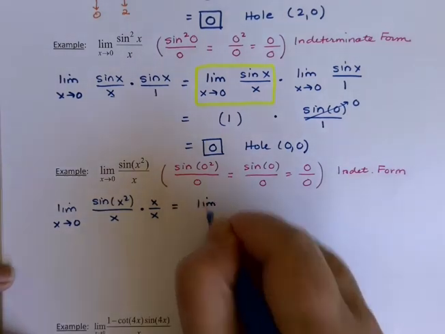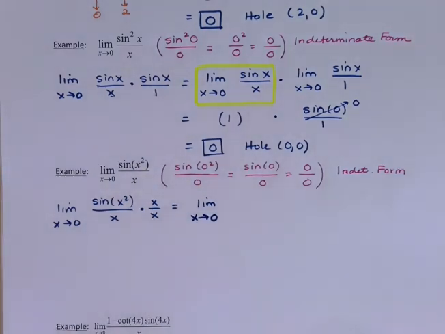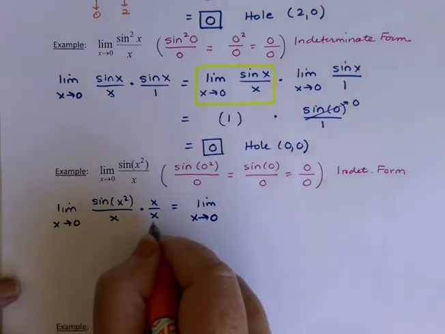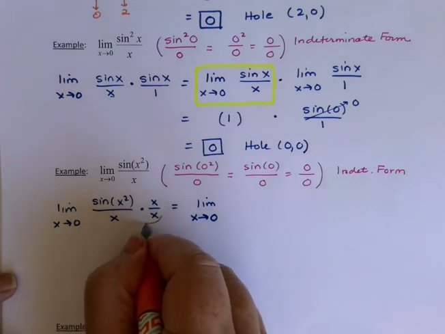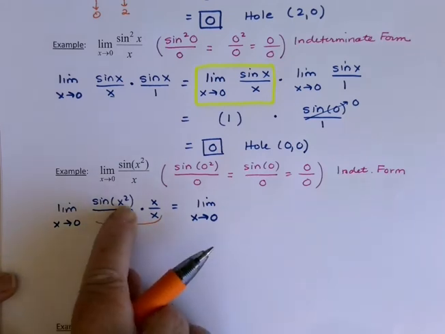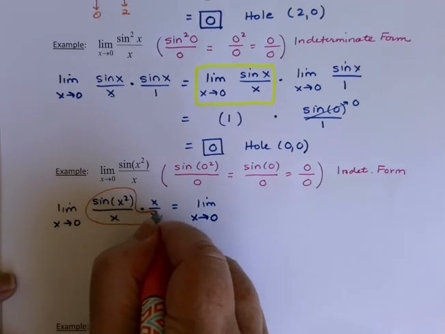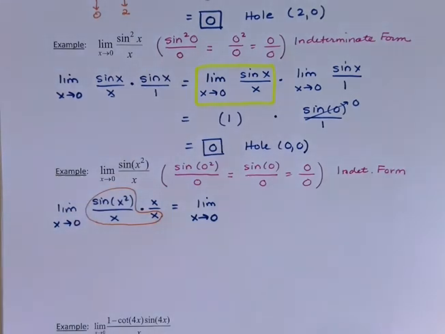And now I'm going to separate this out very strategically. I'd really like these two x's together to make an x squared, because that's going to be the match for my numerator. So I'd like this part all together.